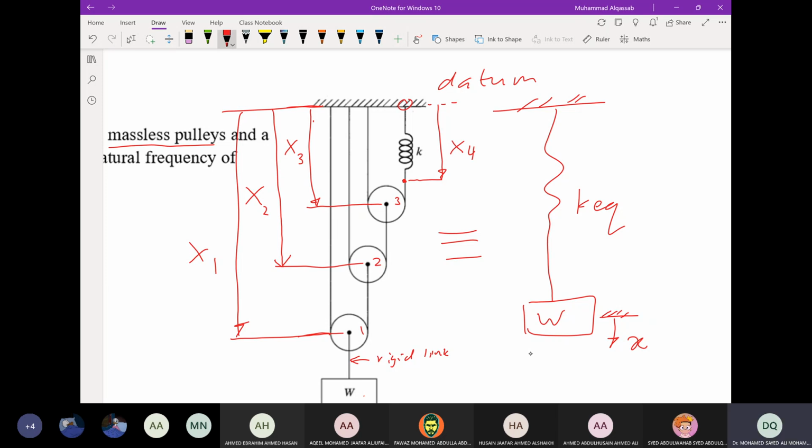So it means that the other end of the cable, which is this point, is not the same as x3. The position is different. So let's say that the cord will end up here.